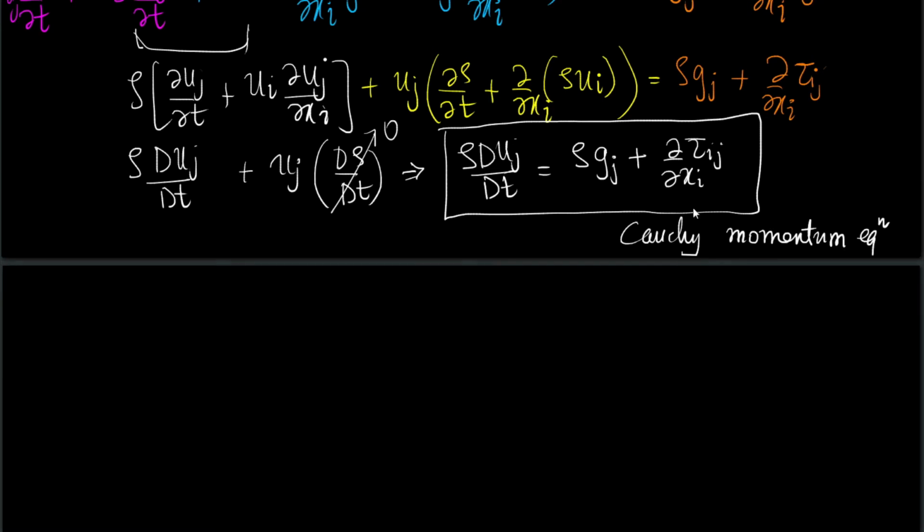So what this equation says is the acceleration of the fluid element is due to the body force and the divergence of the stress, but still we do not know the expression for the stresses, and that particular description of the stress tensor falls under the categorization of the constitutive behavior.